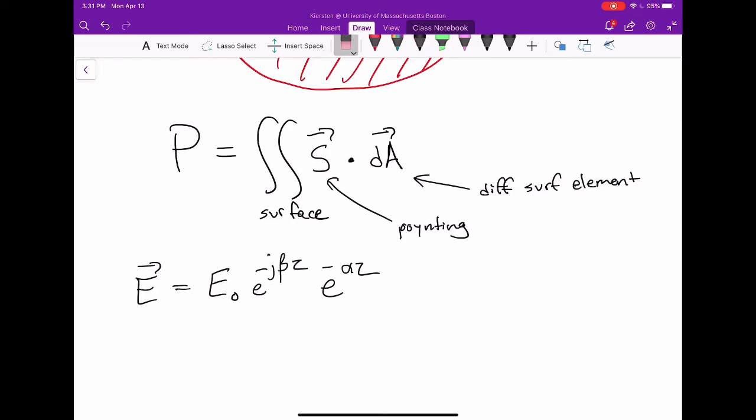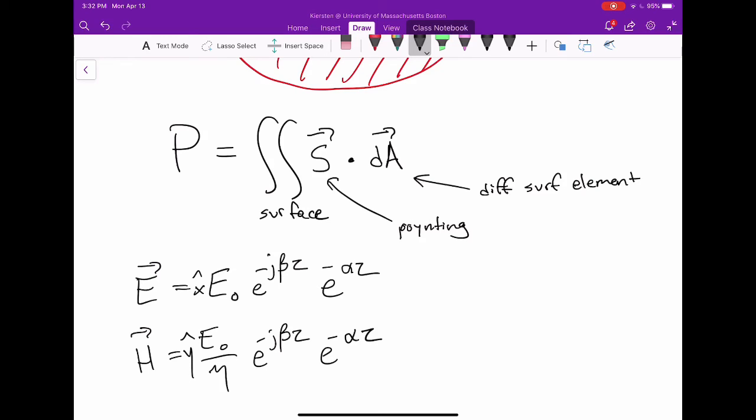And your magnetic field, if it's a plane wave, has an amplitude that's like this, and e to the minus j beta z and e to the minus alpha z like that. And the electric field is in some direction. Let's say it's in the x direction. And the magnetic field is in the y direction. So when you cross them, you get something that's in the z direction.